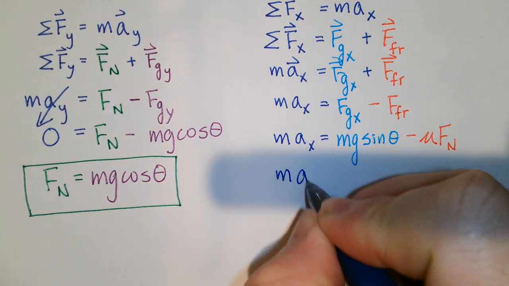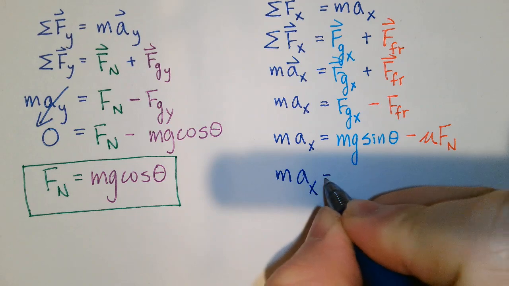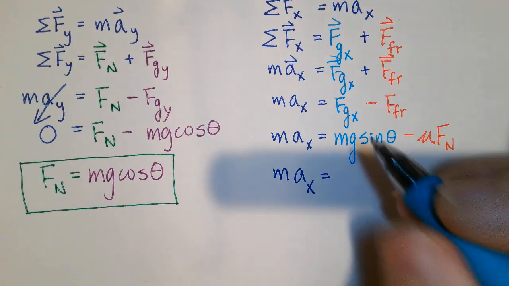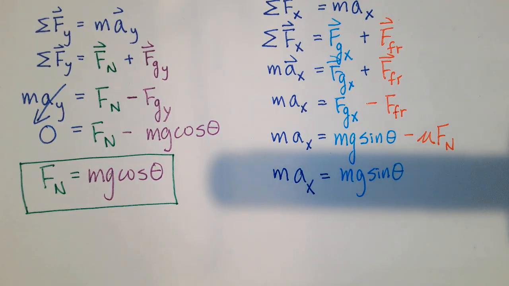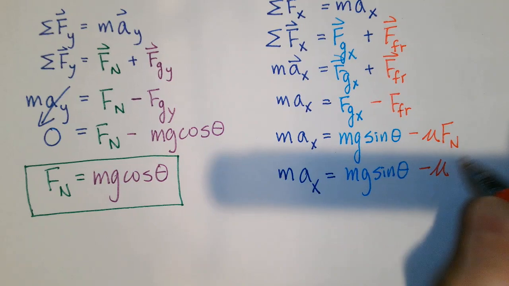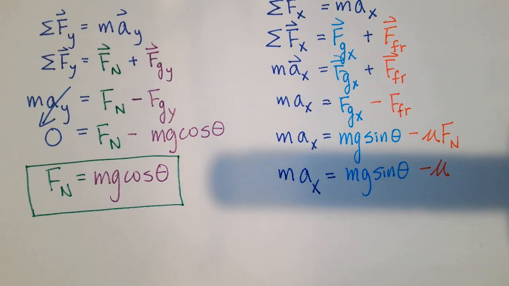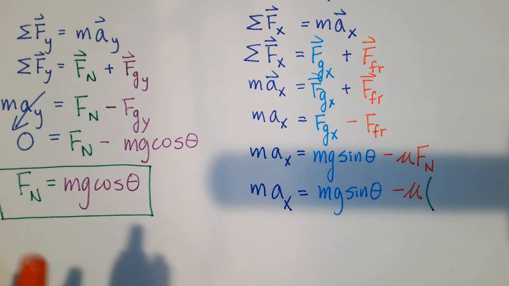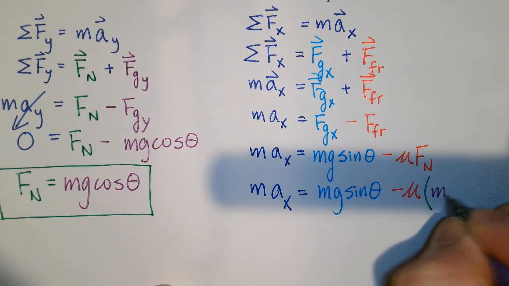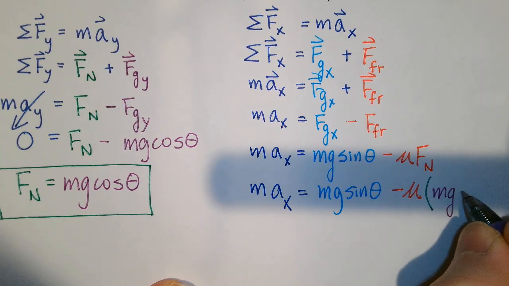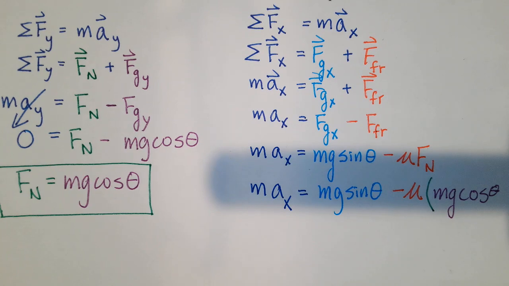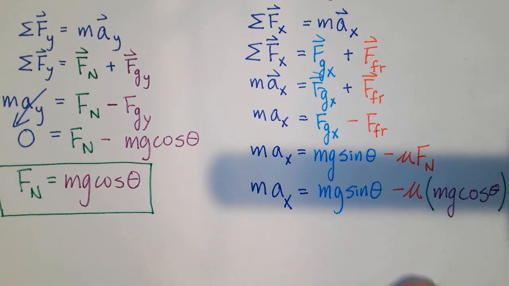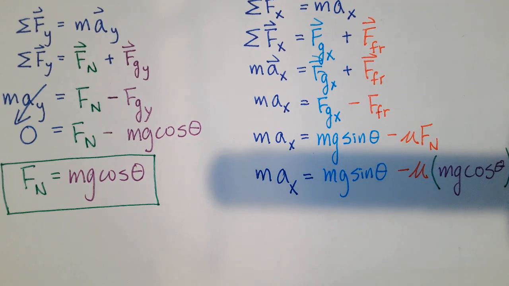So MAX is equal to mg sine theta minus mu times mg cosine theta. Sorry, this paper slipped. Theta looks kind of weird. Well, look what I can do.